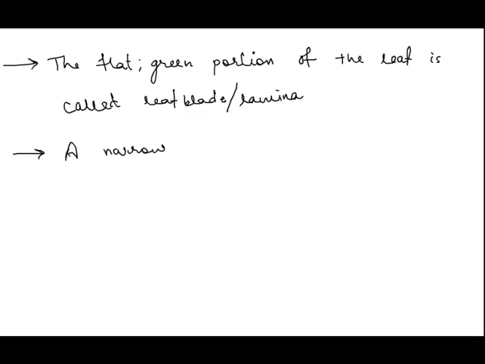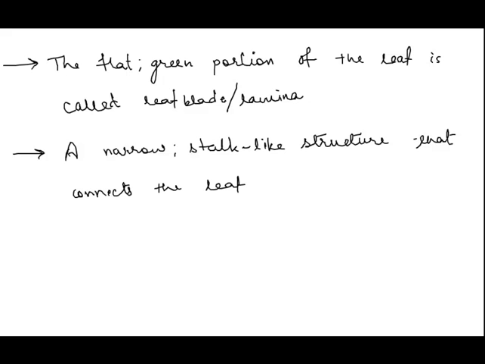A narrow stalk-like structure that connects the leaf to the stem or the stem node, is called petiole.